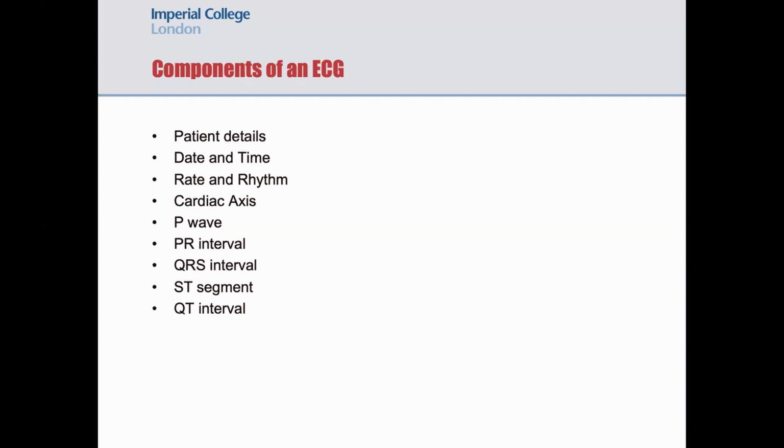And then the rest of it is basically what information you can get from a 12-lead ECG. This includes rate and rhythm, cardiac axis, P wave, PR interval, QRS, ST, and QT interval. I should have put T wave on there as well, which goes between ST segment and QT interval.